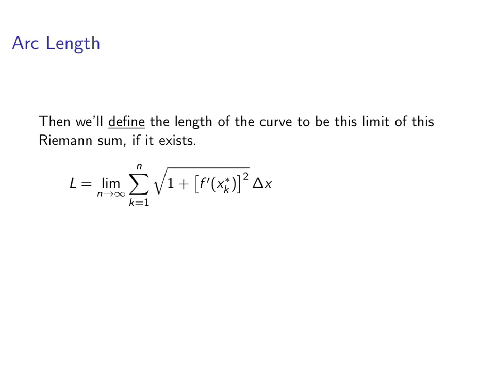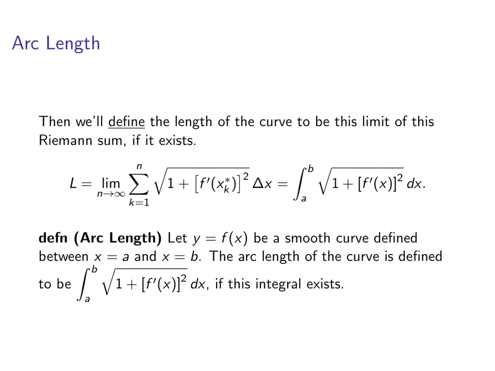So L is the limit as n goes to infinity of the sum, where k goes from 1 to n, of the square root of 1 plus f prime of xk star squared, times delta x. That, of course, turns into the integral from a to b of the square root of 1 plus f prime of x quantity squared dx.